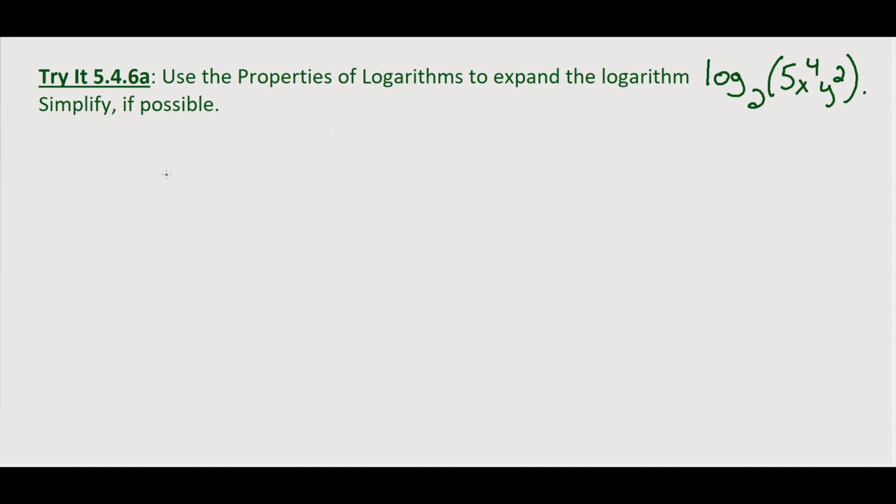So the first thing we're going to do is, if you'll notice, what's in parentheses is a product. So we're first going to use the product rule. So this equals, we'll go ahead and write it back down again so it's right here, log base 2 of 5x to the fourth y squared.